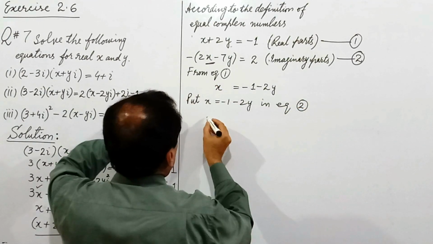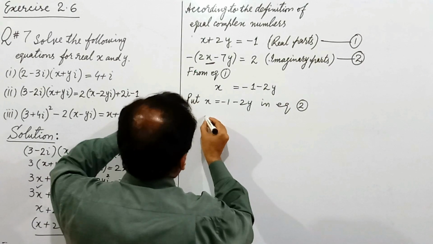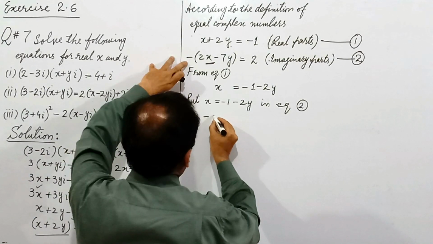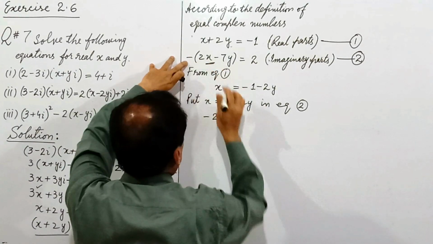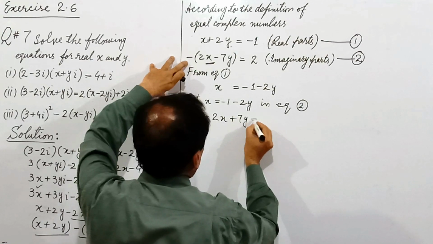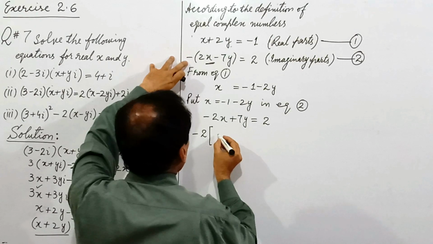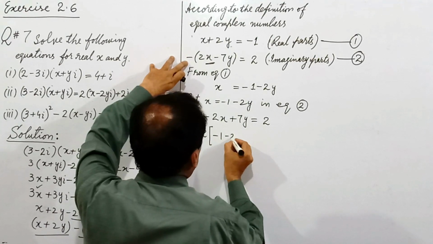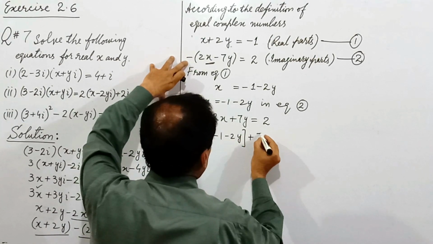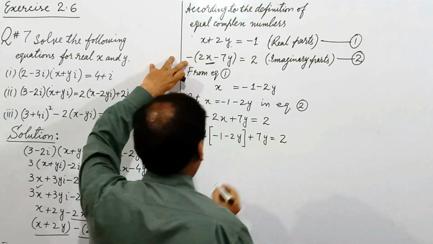We rewrite equation number 2 to put the value: minus 2x plus 7y is equal to 2, and now we put the value, minus 2 into minus 1 minus 2y, plus 7y is equal to 2.